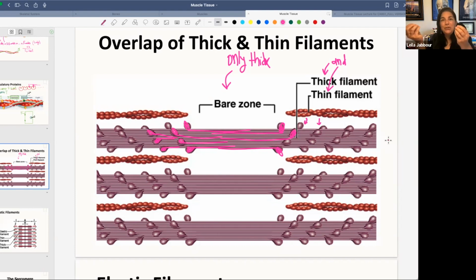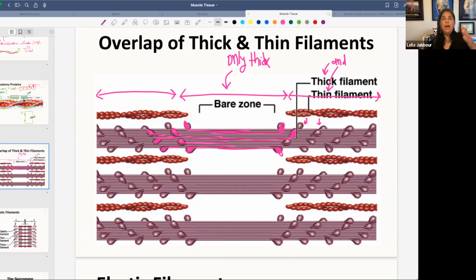If the tissue is thicker, not as much light passes through as when the tissue is thinner. So when we have areas of just thick filaments versus areas of both thick and thin filaments, we're going to see more light coming through the bare zone than through the other parts where you have both types of filaments. So you have dark areas and light areas, and again, dark areas.